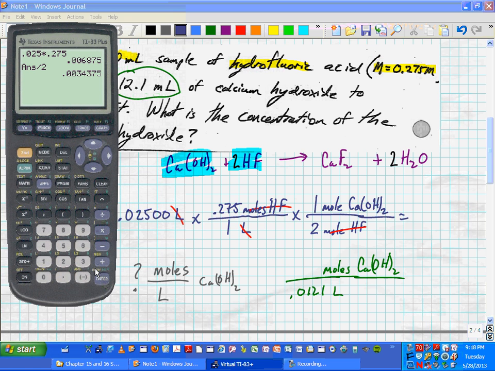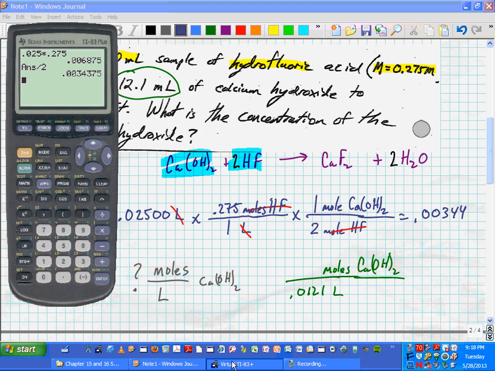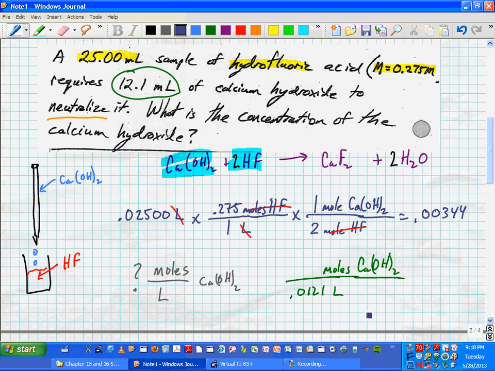I need 3 sig figs, because there's 3 sig figs, the least amount in the problem, so it'll be 0.00344. Let me double check that. Yeah.